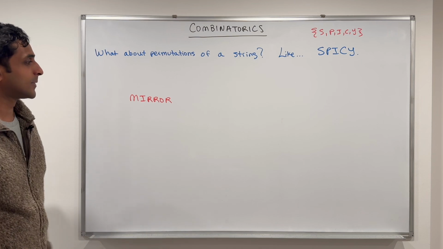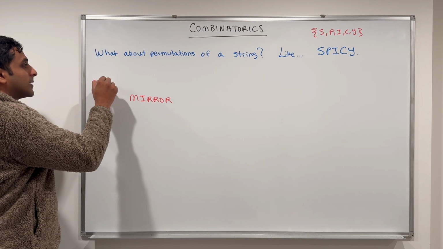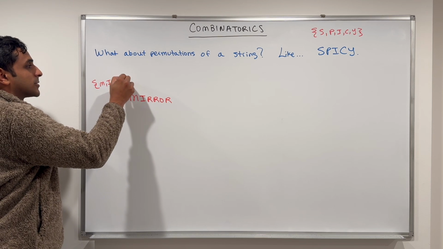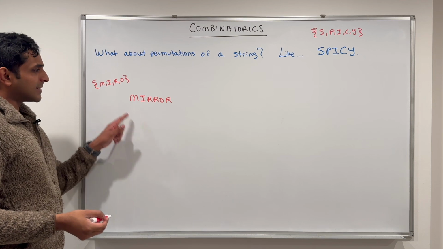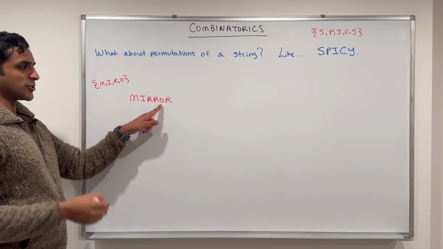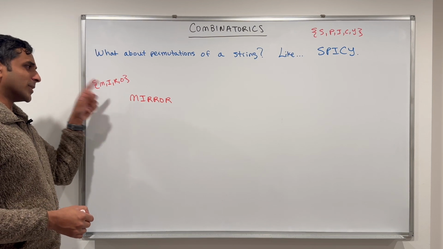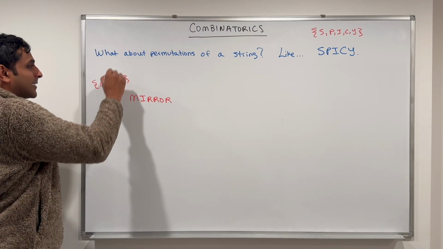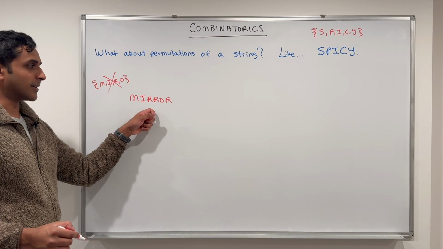Because if we try to use the set logic, the set of characters is just M, I, R, O, because a set doesn't repeat characters. And permutations of the string do not correspond to any k permutation of this set. So it seems like we need a different idea altogether to find permutations of this string.